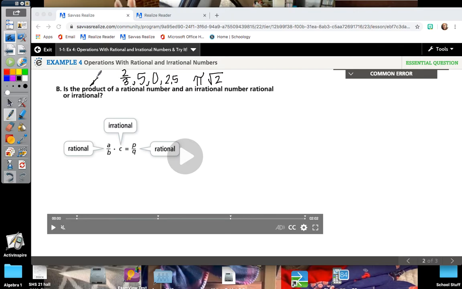So you could use any of those. Product means multiply. So if we multiply these together, what do we get? So I'm just going to take the first one, 2 over 3 for our rational, and multiply it by the first one over here, pi. Do we get a normal decimal, or do we get a crazy decimal if we plug this in?